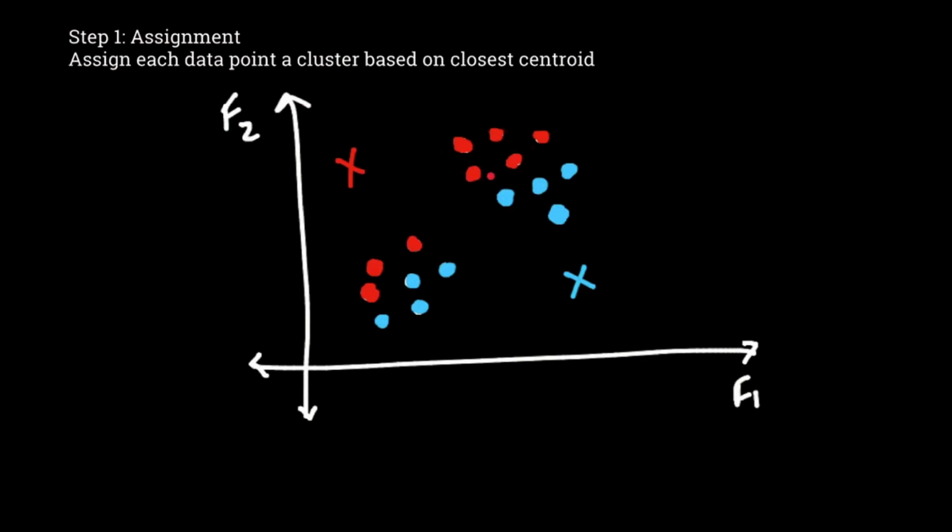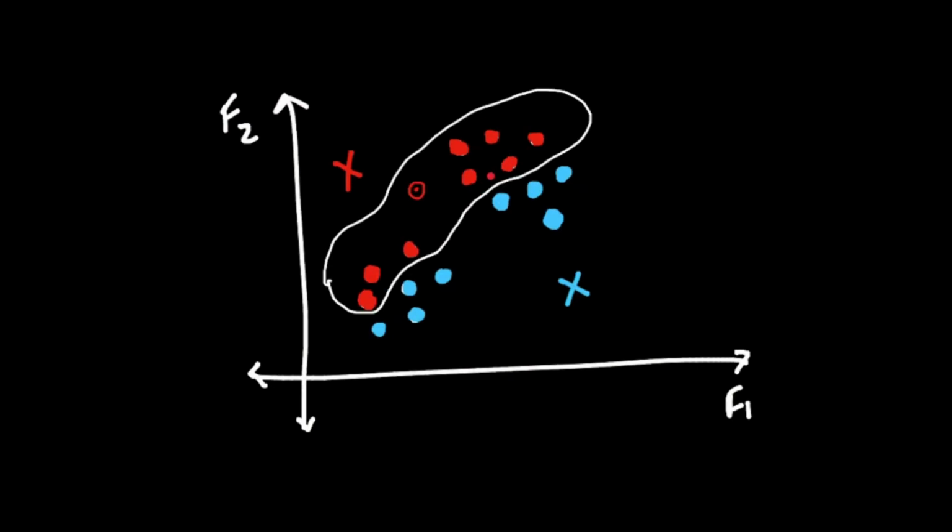In the next step, once this assignment is complete, k-means looks at what we have in red. It collects all the points which are in red now. Then it asks itself, once I know these are all red points, what is the mean of all these points? So it says, okay, the mean is somewhere over here.